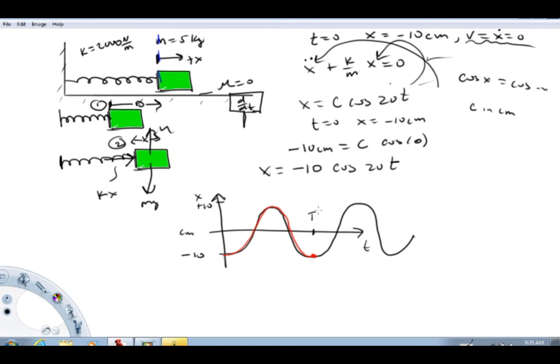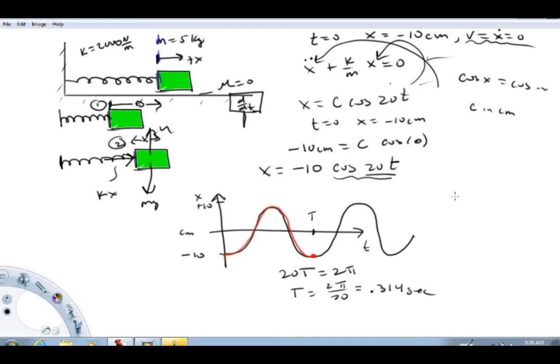This graph has gone through one complete cycle, which means this function has gone through one cycle, so at that point 20t is equal to 2 pi. So T is equal to 2 pi over 20. And I get, oddly enough, 0.314 seconds, approximately. That's the period of motion.